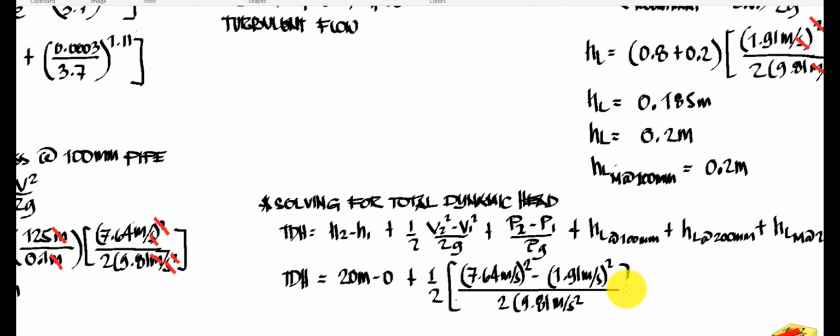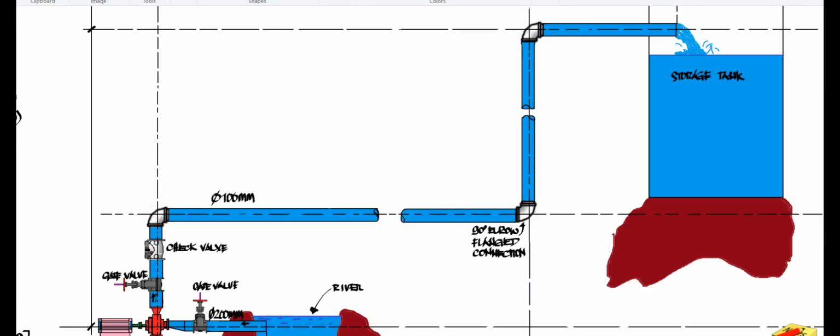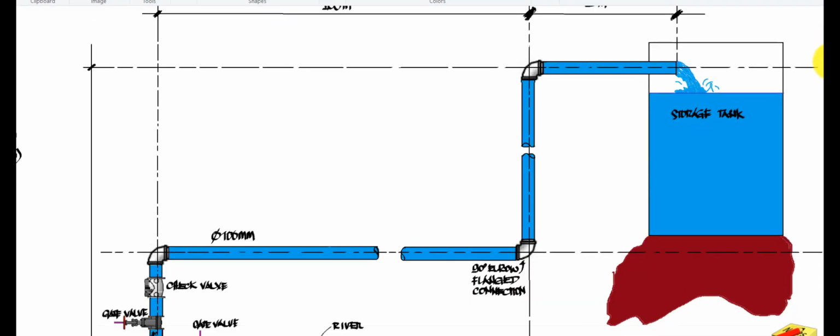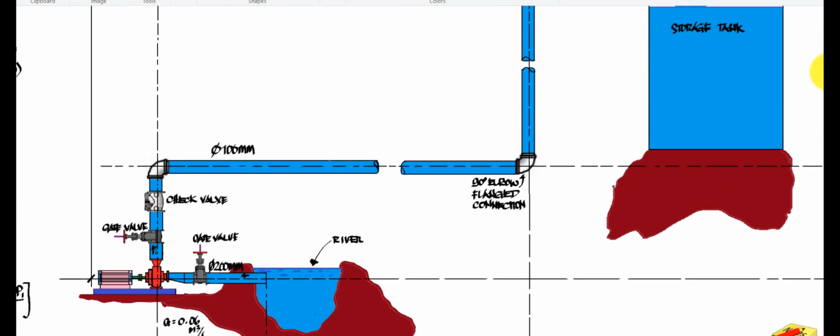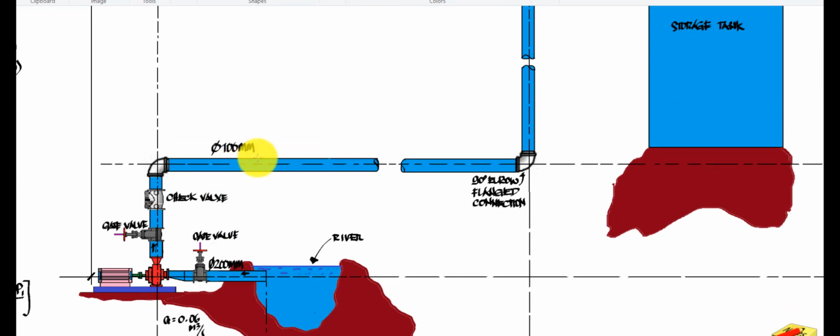Okay. Then plus, so it does not state sa problem what will be the pressure 2 and the pressure 1. So looking at the figure, wala naman sinabi kung ano yung pressure dito at saka yung sa discharge, and also the problem does not state. So depende na lang yan if that's a problem, the requirement pressure dito at the requirement at the discharge pressure ay dito.